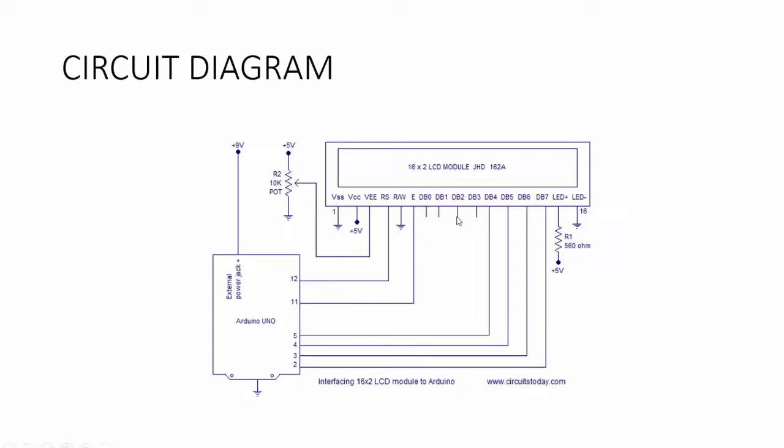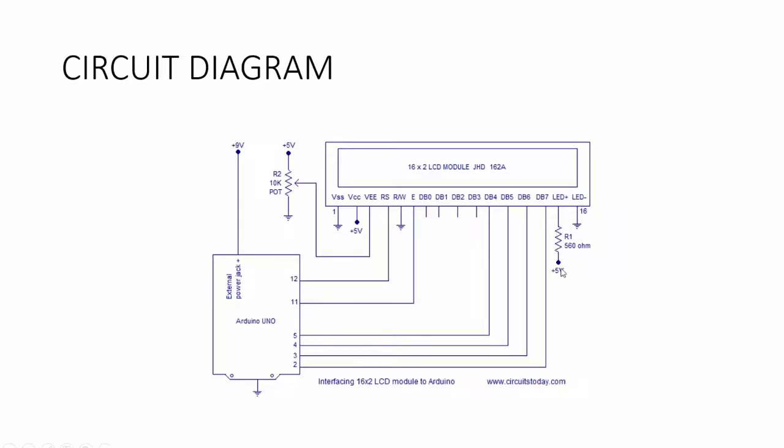As I already said, there are two modes, 8-bit mode and 4-bit mode. Here we are using only 4-bit mode. So the four pins D4 to D7 are connected to the corresponding pins 2, 3, 4, 5 of the Arduino.